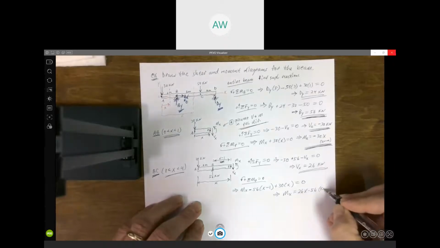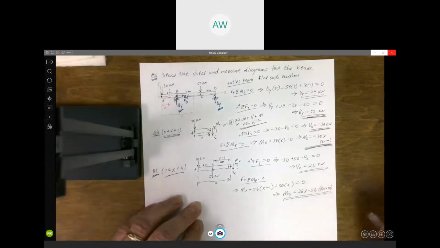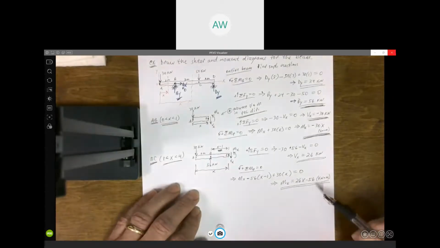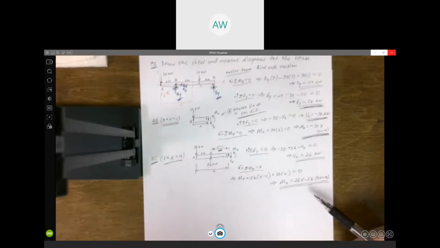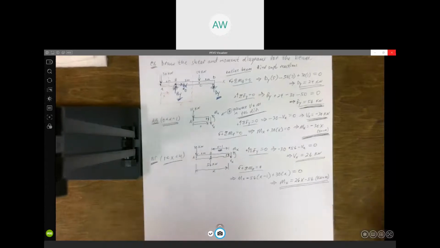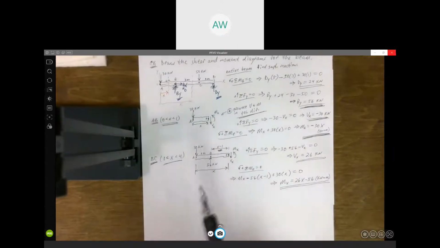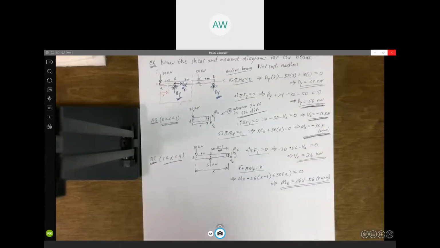Again, these are kilonewton meters. And as you see, it's not constant. It's a function of x. But it's linear, so graphing this is going to be pretty easy. All right, so we're two-thirds of the way there. We've got our equations for the section of the beam between A and B. Now we've got our equations for section BC. Any questions before we do the last section?